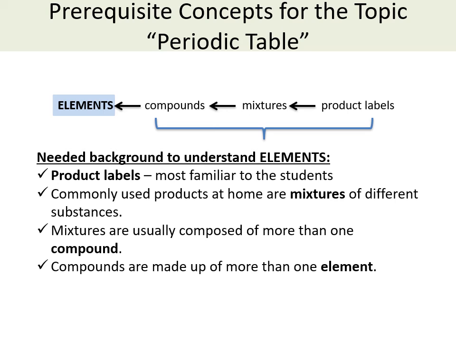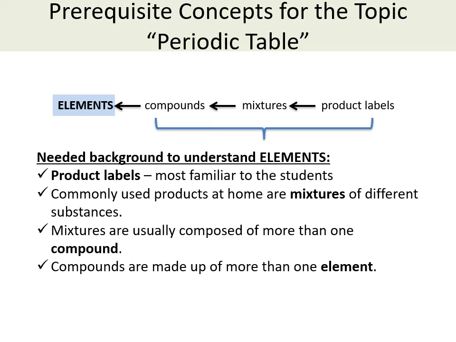So, needed background to understand elements. Sabi ko nga kanina, meron kayong makikitang different products. Doon sa mga products na yon, meron kayong makikitang product label. Yung mga nasa likod na label ng mga ginagamit ninyong products.